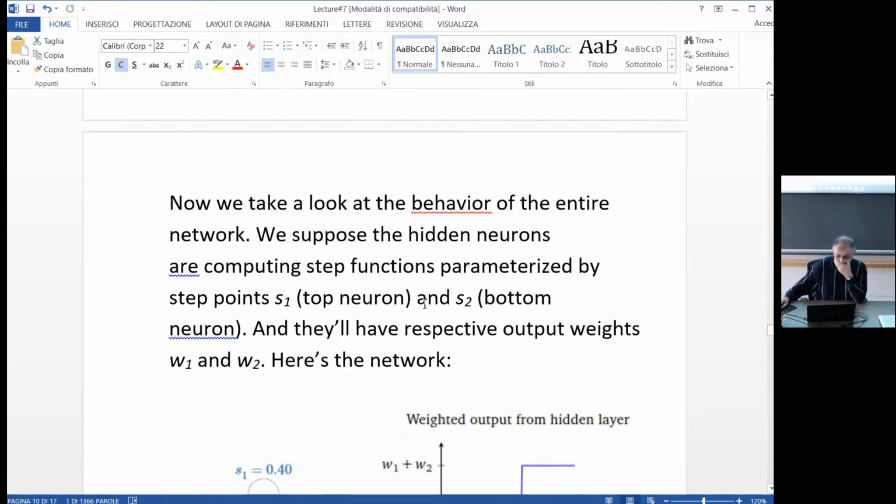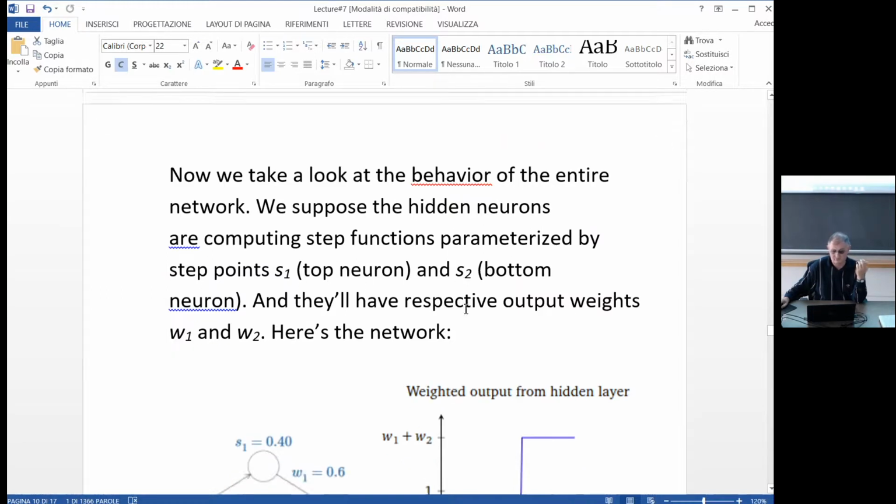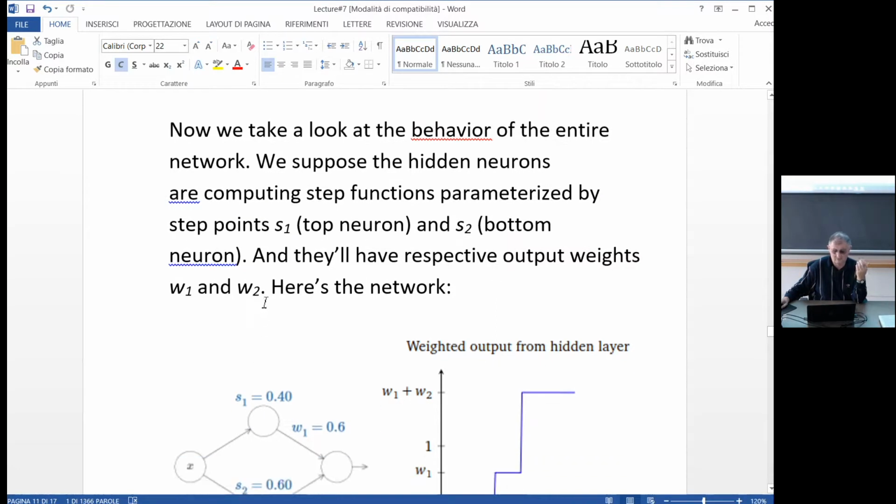So we suppose the hidden neurons are computing step functions parameterized by step points s1 for the top neuron and s2 for the bottom neuron, and of course, they add up and accumulate our jumps.